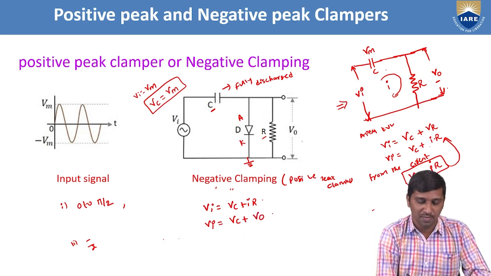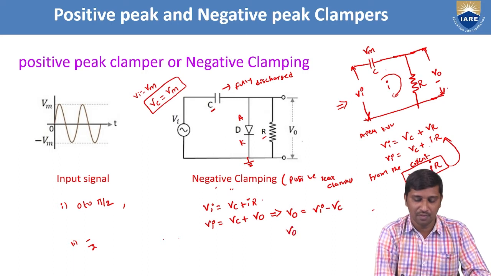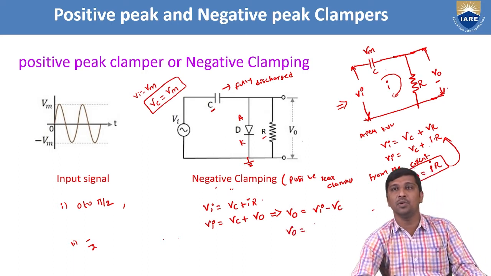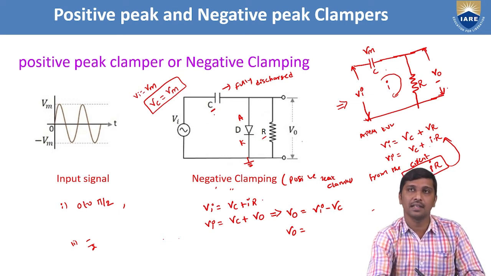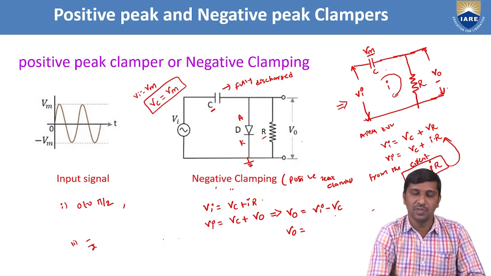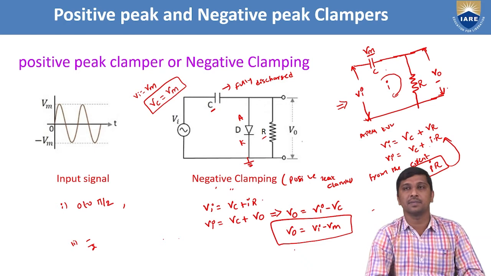From this relation, the output voltage V0 is equal to Vi minus Vc. And we know that at this point, when the diode is conducting, the voltage across the capacitor is the maximum voltage, which is Vm. So Vc is replaced with the peak voltage Vm. This is the final output expression.